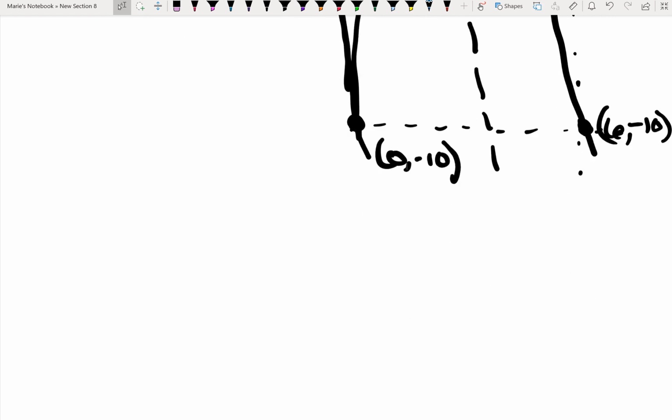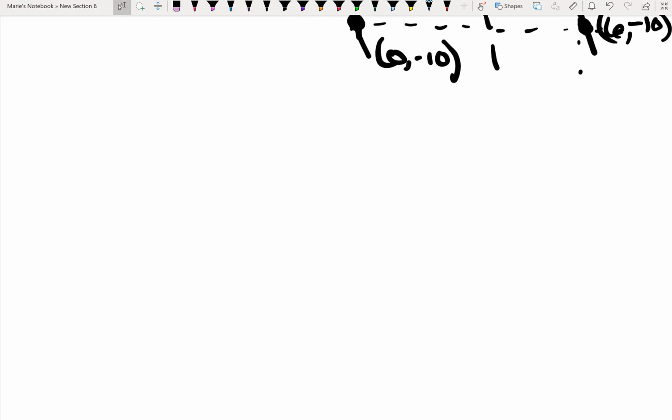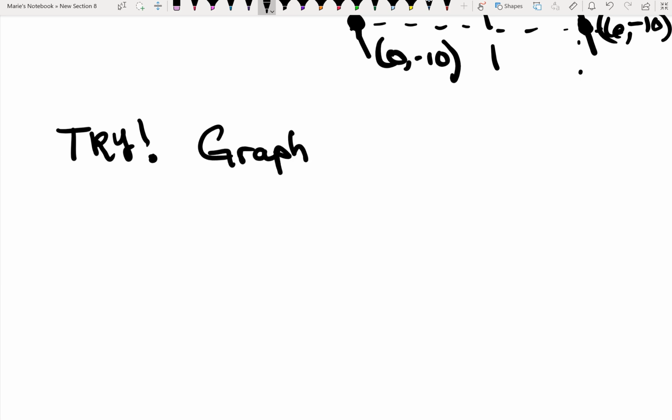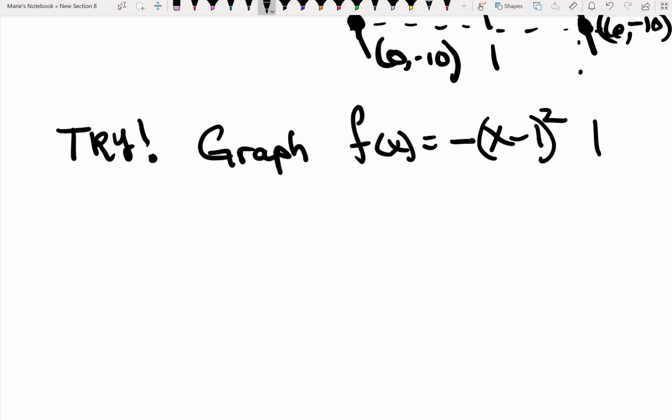Okay. So what I would like for you to try now, following this example, and I'll stop this for you so you can practice, is to graph f of x is equal to negative of x minus 1 squared plus 4.